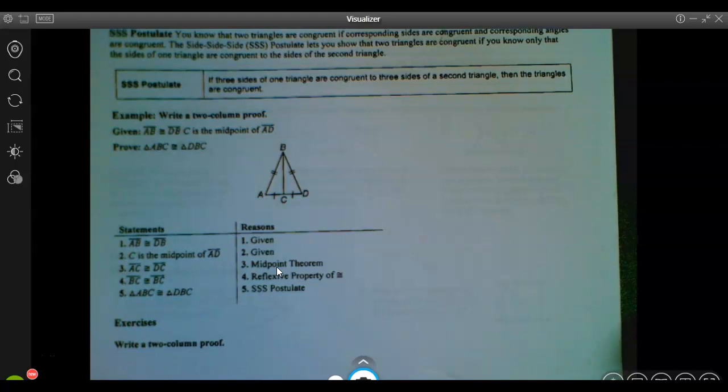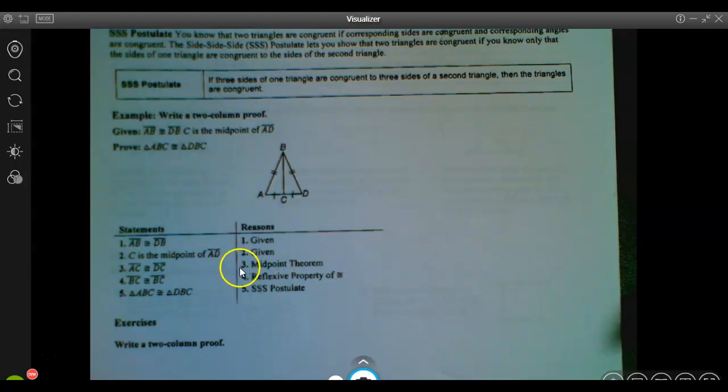So the definition works for an equation or a congruent statement, whereas the midpoint theorem only works for congruent statements. So this is a valid reason, but you could have also said definition of midpoint. And if you're ever in doubt, I would use the definition of midpoint because it works for more cases than what the midpoint theorem works for.